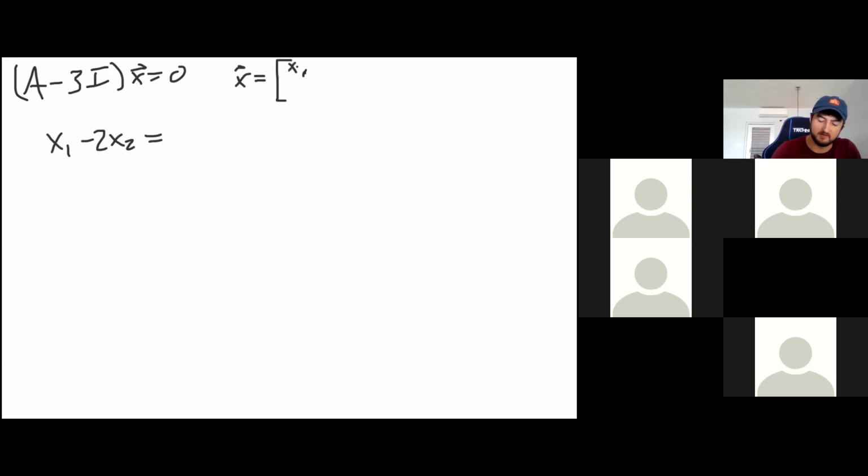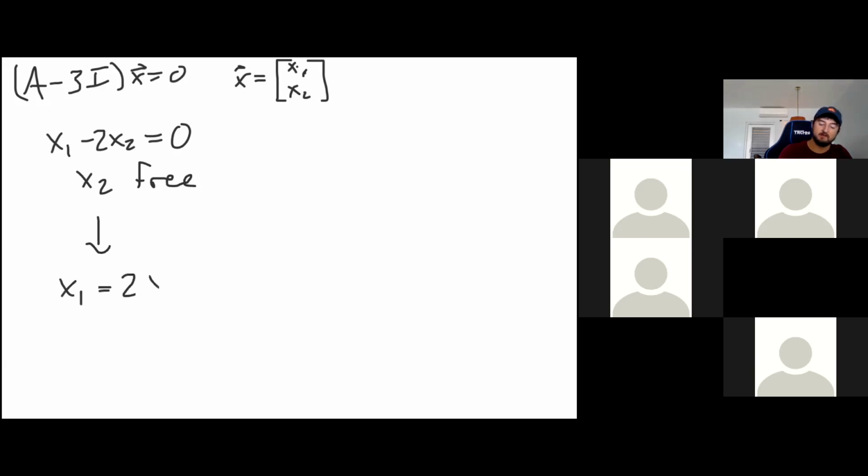So we're trying to solve A minus 3I times x equal to 0. We found then that x1 minus 2x2 equals 0, where my vector x is just some general unknown vector with entries x1 and x2, where they satisfy that equation, which means then that x1 is double whatever x2 is going to be, and I can choose x2 to be anything I want.